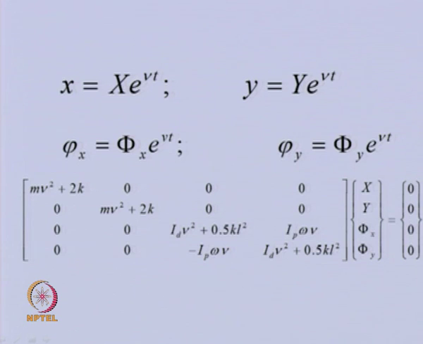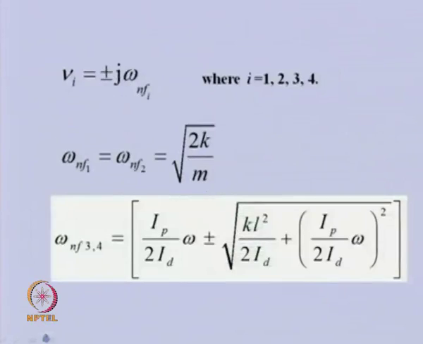If we assume the solution in this form, we can substitute in the previous equation, and on the same line as in the previous case we get this particular homogeneous equation. If we want a non-trivial solution, we need to keep this particular determinant 0.